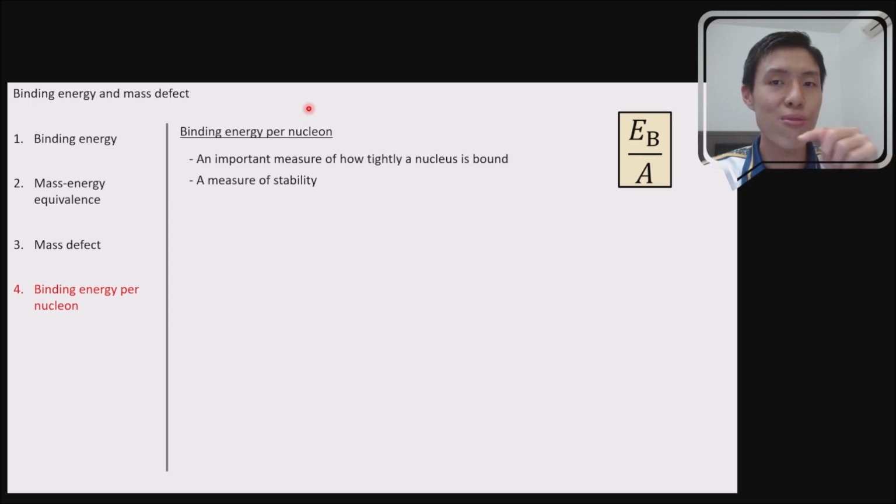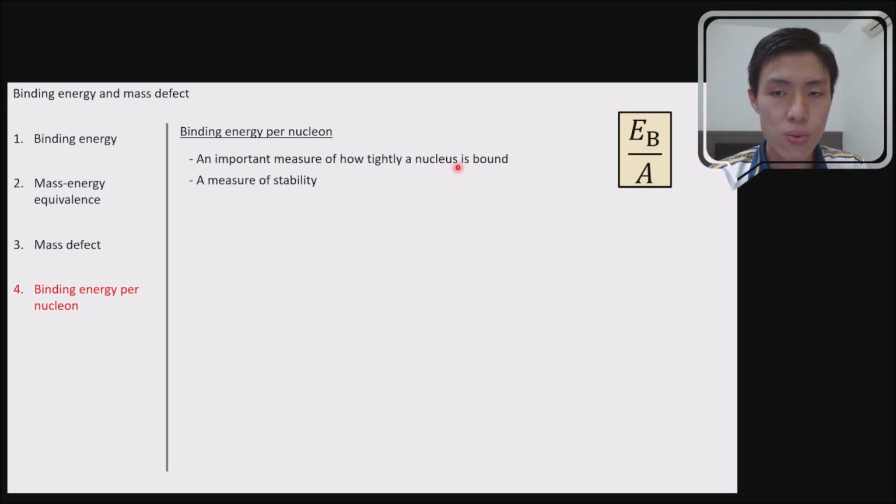The process of taking one nucleon from the nucleus does not physically happen, but this value represents how difficult it is to break apart the nucleus. Because of this, we can equate it to a measure of stability.